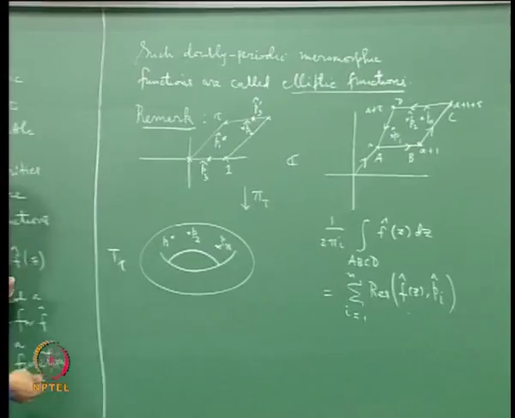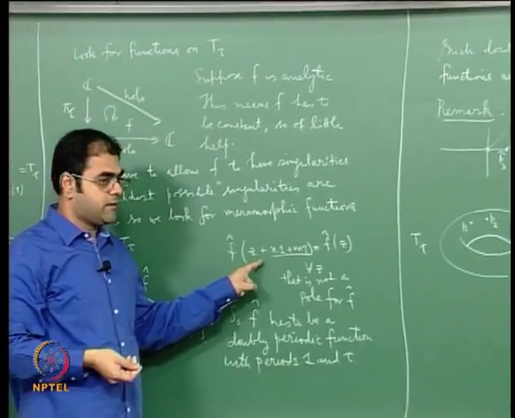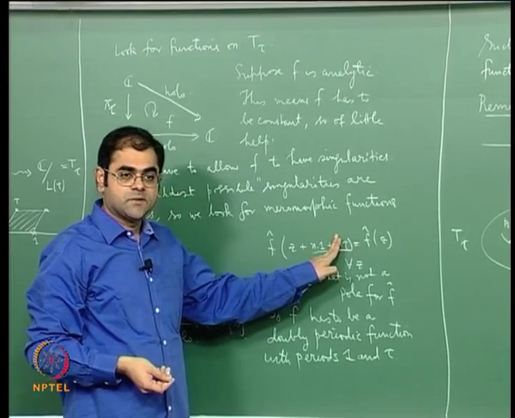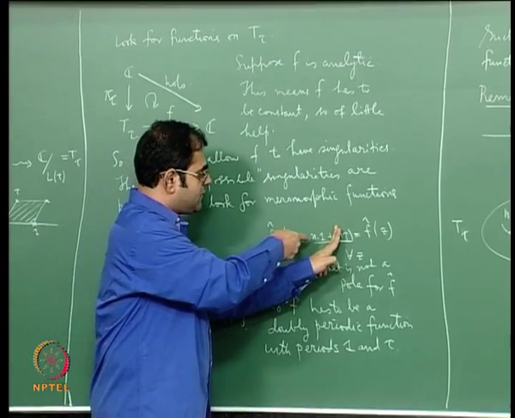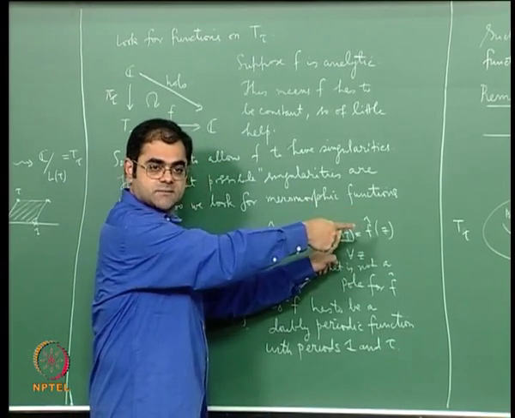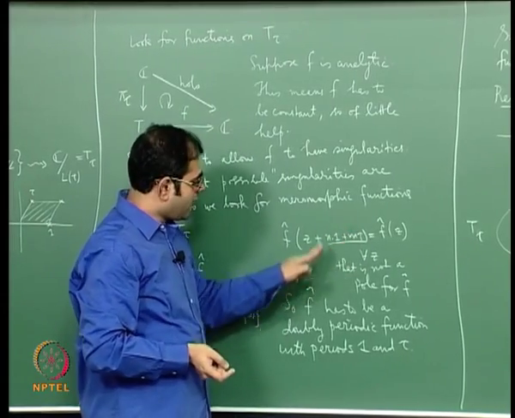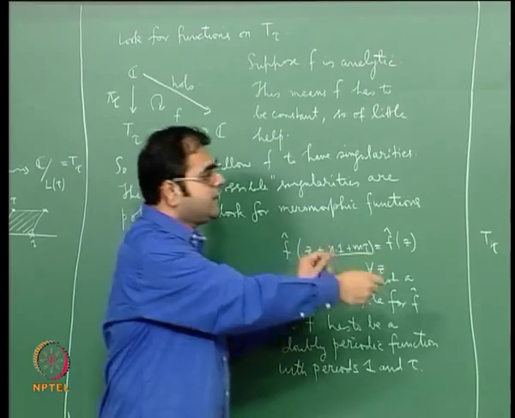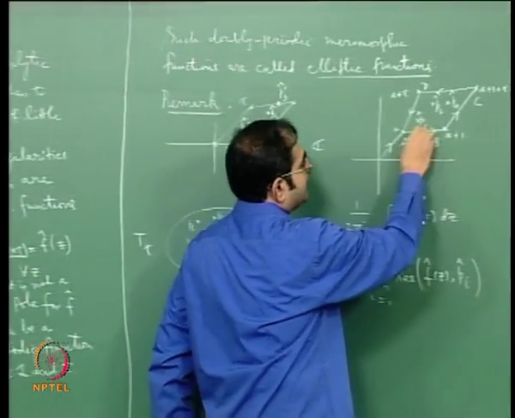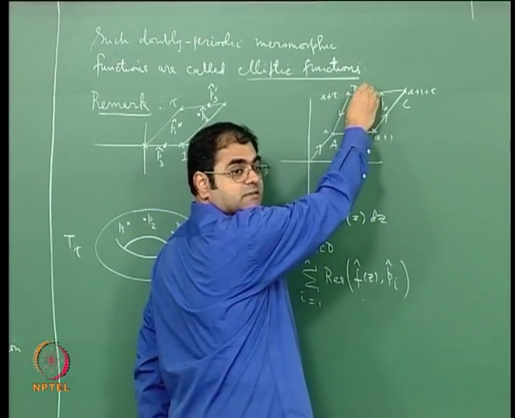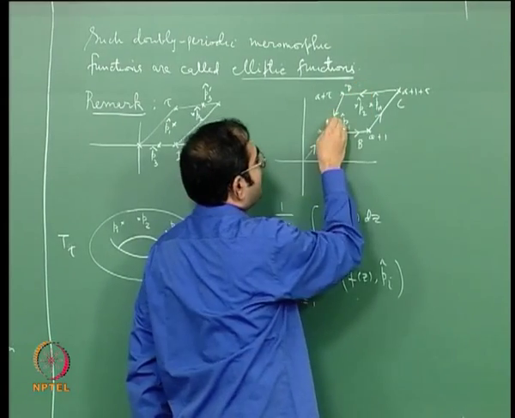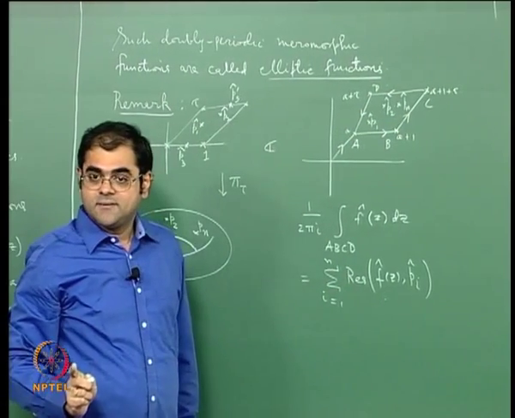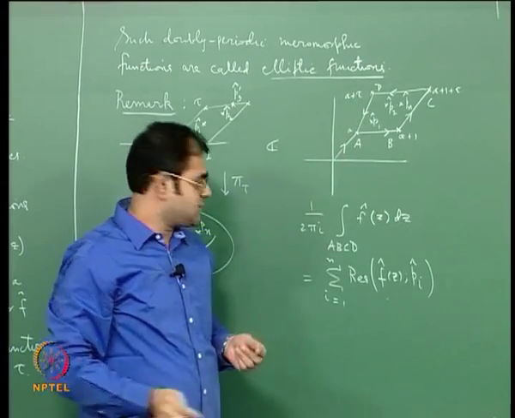See, in the definition of the periodic function I could have taken m equal to 0, which tells us that f of z plus 1 is also f of z. And I could have put n equal to 0 and I will get f of z plus tau is also f of z. Points here differ from corresponding points there by tau, and points here differ from corresponding points here by 1, therefore all the integrals will cancel, so this is going to be 0.